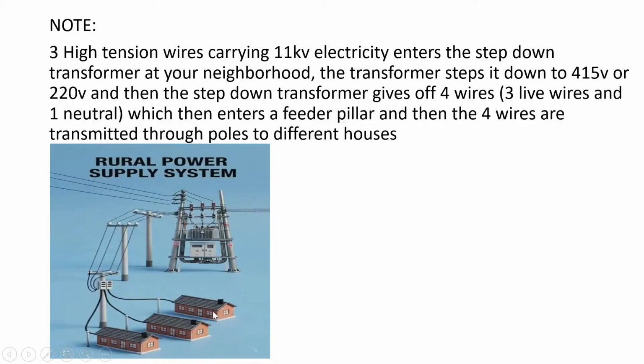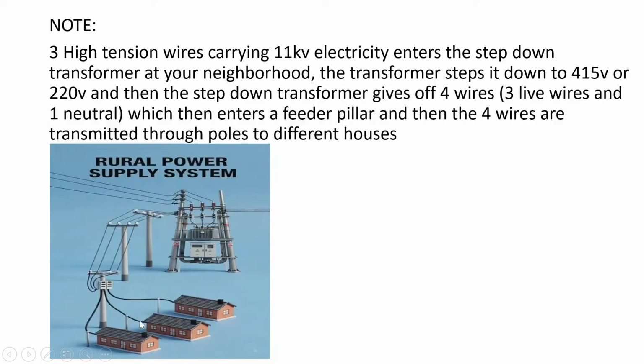So house number 1 will tap from these 4 wires, house number 2 will tap from these 4 wires, and then house number 3 will tap from these 4 wires. So you can see how the process goes from generation down to what? Distribution. Right? You can see it's as easy as ABC. So when next you see all these electricity lines or electricity cables, you would understand the process at which this electricity is being transmitted. Right?